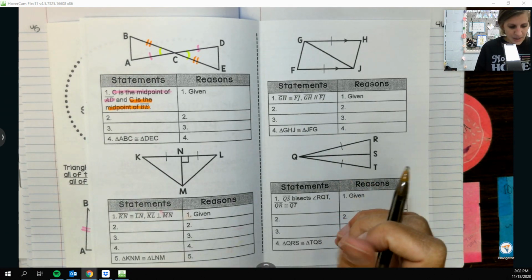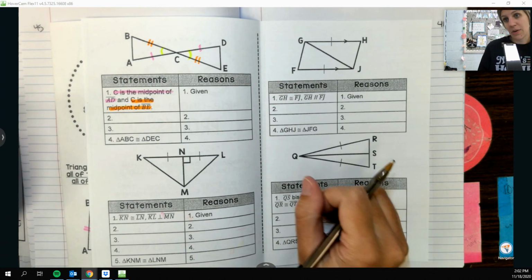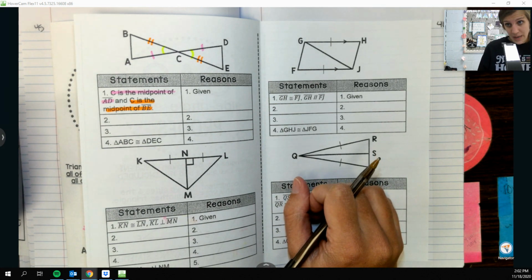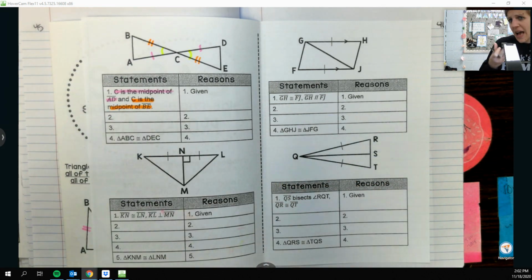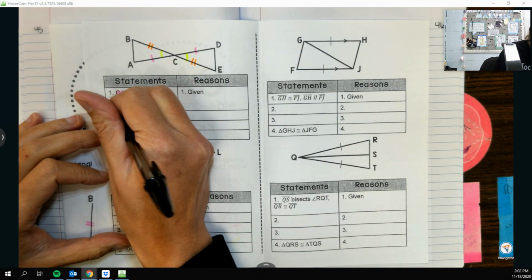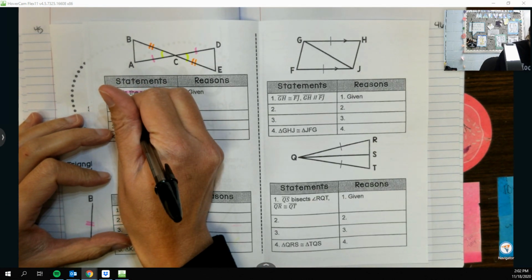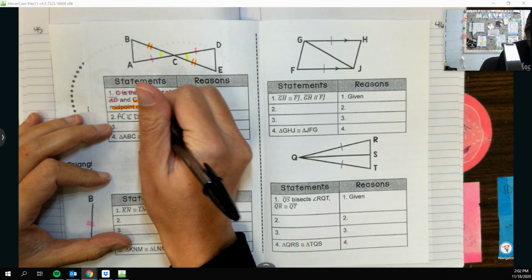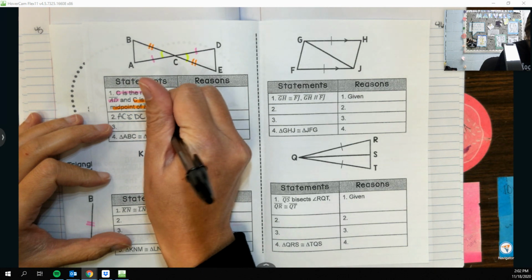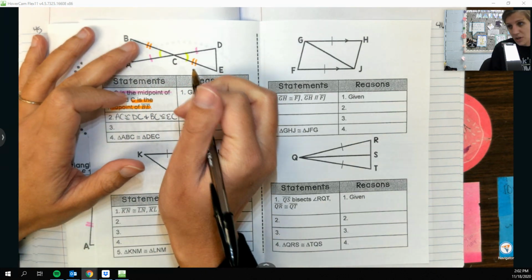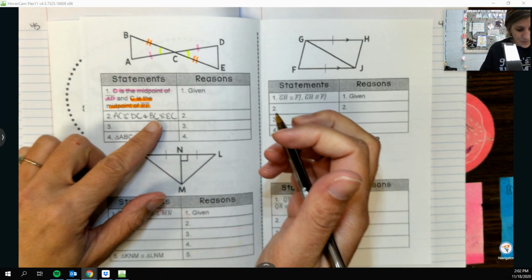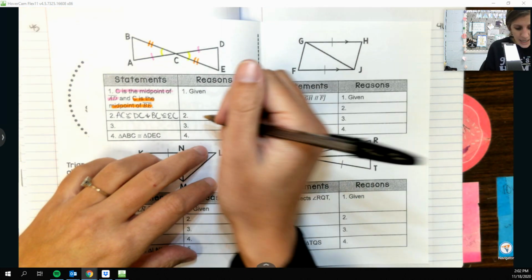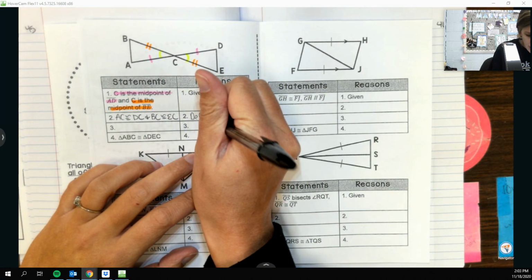So the first two things that we marked were that some sides were equal by the definition of midpoint. So I can include that in one statement where I say that AC is congruent to DC, that was the pink tick marks, and BC is congruent to EC, the orange tick marks, and those were both equal separately by the definition of a midpoint.